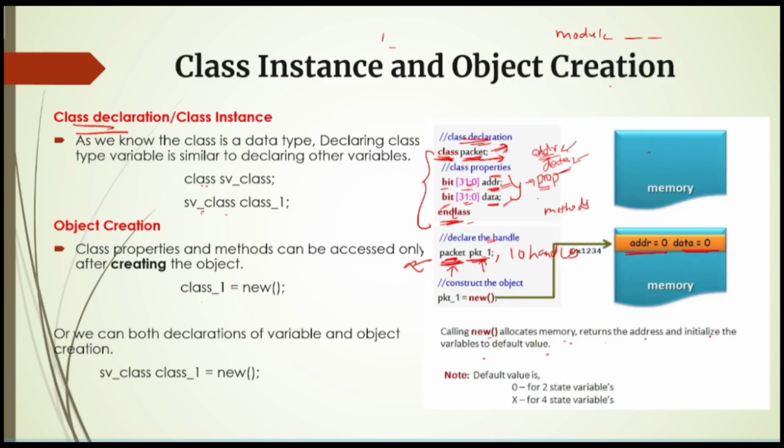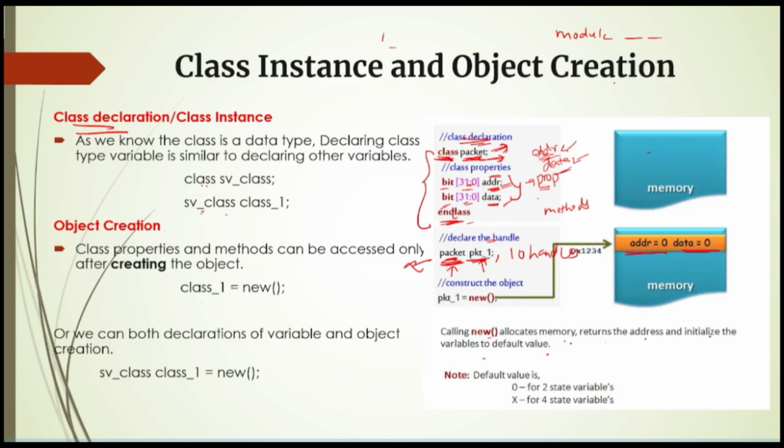Why? As I already told you, when you are assigning variables, you can only do it with the help of a handle. So you are putting some value into your handle. When you want to put the value, you should have some memory, right? But by just declaring the handle, the memory won't be created.